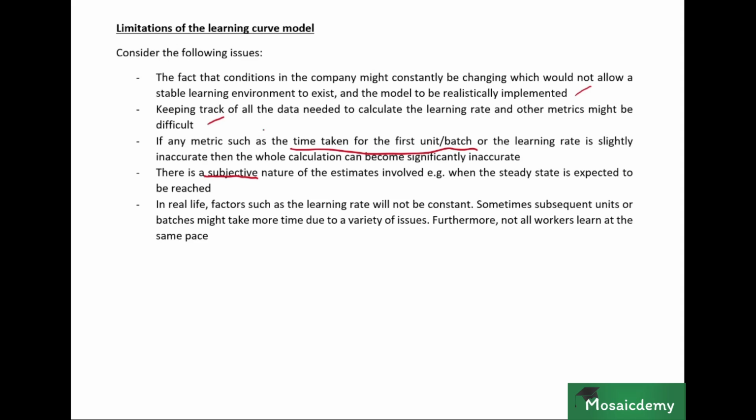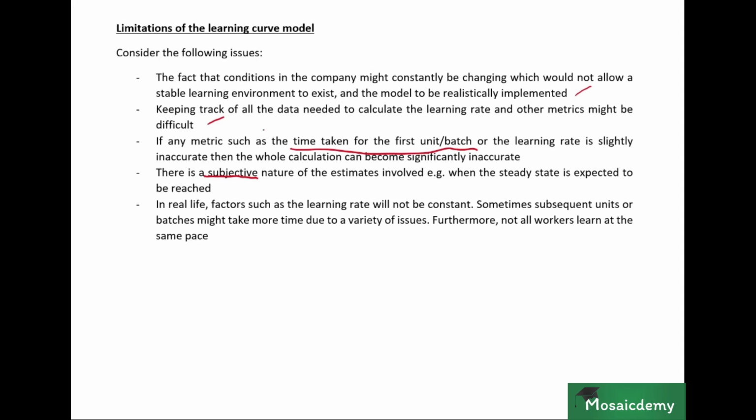Sometimes you spend more time on a later batch than you do on an earlier batch for whatever reason. Maybe you make a mistake or so on. Sometimes you reach a steady state, but then you find out something new that helps you learn even more. So the model itself necessarily has to take in some simplifying assumptions, which might not necessarily always be true in real life. And there's going to be some subjectivity involved there, right?